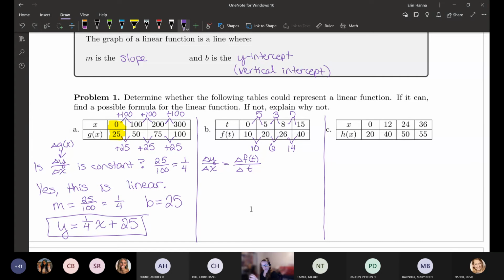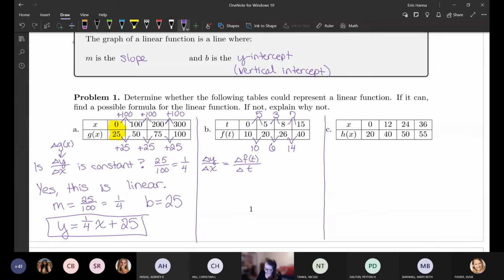So I do want to make sure to make the equivalent statement for the actual variables that were given in this problem. But if you always want to write down delta y over delta x because it helps you out, go right ahead. But technically it would be a delta f of t over delta t in this situation.